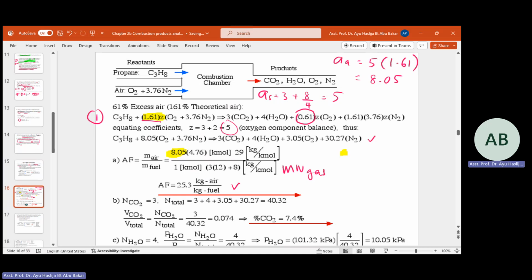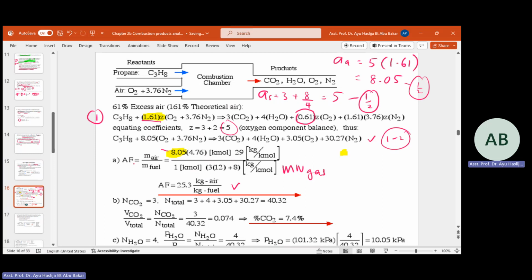Okay. So usually, just to share with you the mark distribution, kalau this kind of question, AF kan, the calculation to get the A over here, biasanya akan dapat half mark. A stoic, then A actual, another half mark. Okay, and then the final combustion equation, here usually 1 or 2 marks, depends on the equation.